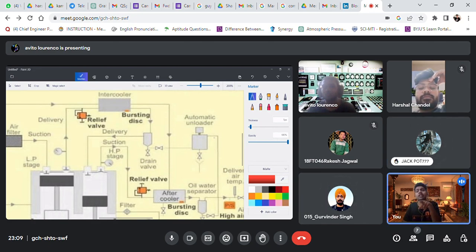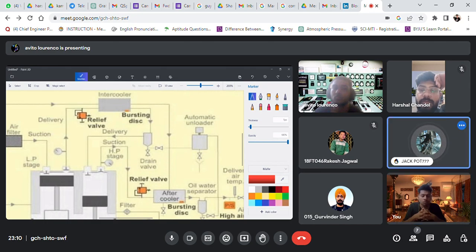In a second stage compressor, a drain valve is provided, and after the first stage as well. In the first stage it is not going to do that much harm to the compressor. It's about the intercooler. We are using the intercooler, reducing the temperature.